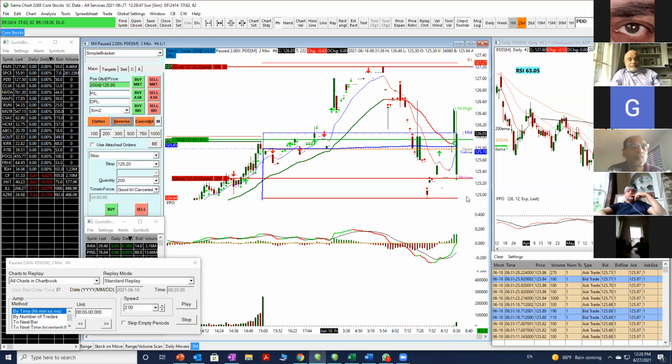So what is my maximum loss? 95 minus 28, which is 67 cents, times 200, $134 only. So 134 is my maximum loss, which is less than 1%, even less than 0.5%. And my gain on my first partial is this one. So let's move on and see what happens.